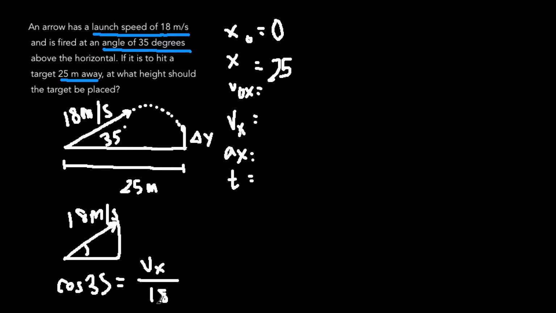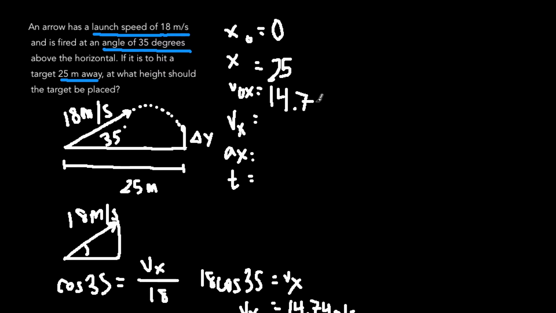If we multiply both sides by 18, we get 18 cosine 35 is equal to vx. And the velocity in the x direction, after a few computations, is 14.74 meters per second.